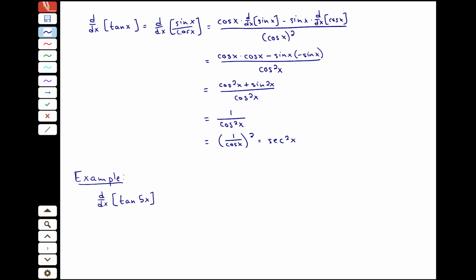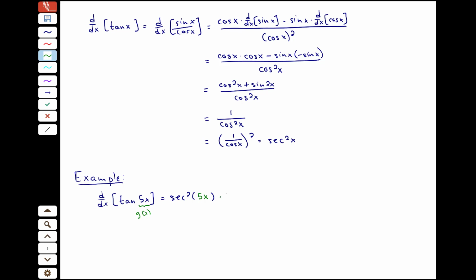So looking at an example, if we want the derivative of tangent of 5x, I start by taking the derivative of tangent, which is secant squared. Now, inside of the original function, we have this g of x, which is 5x, and so inside of our derivative, we also have to have the original inside function, which is 5x.